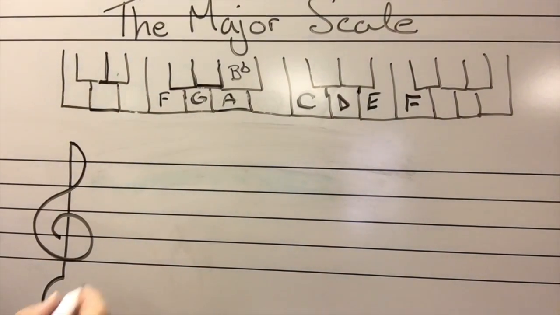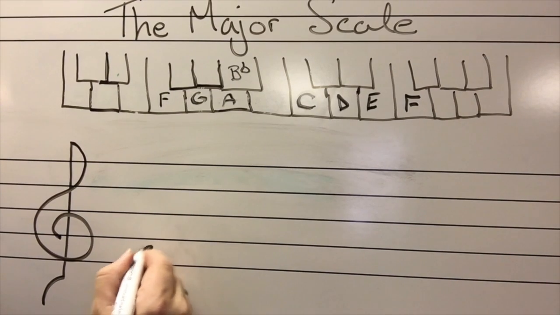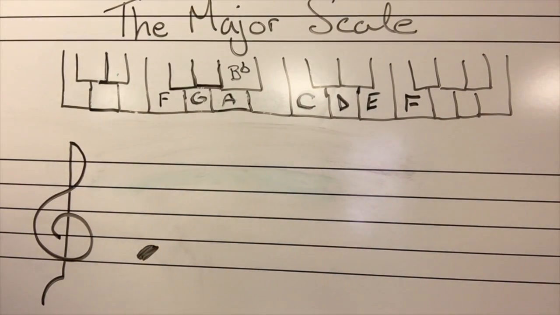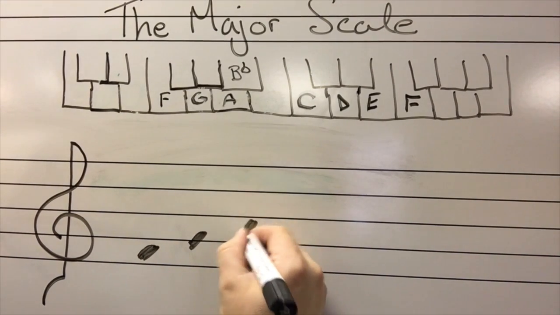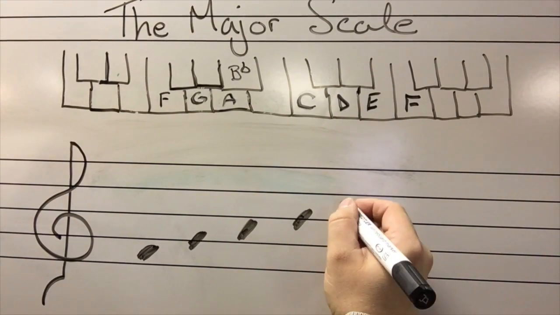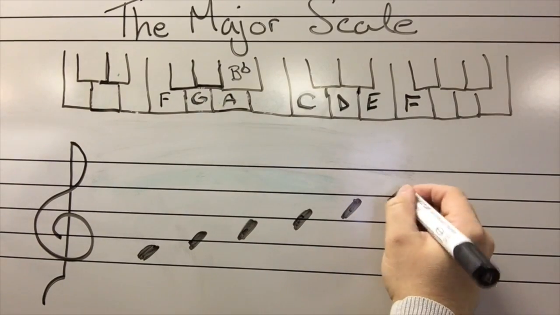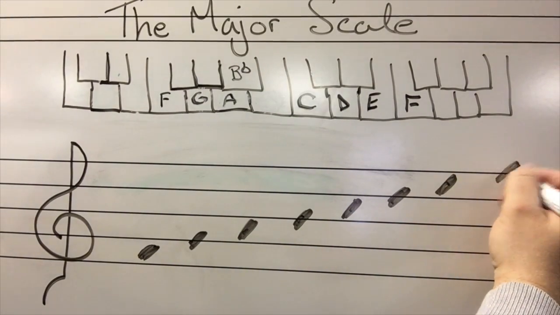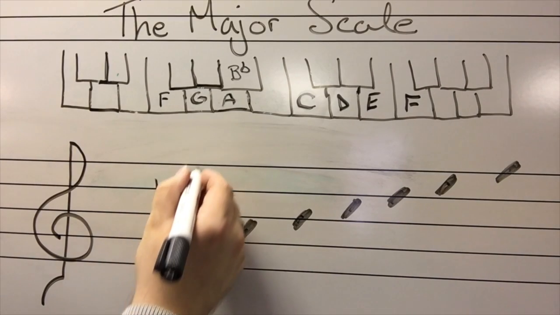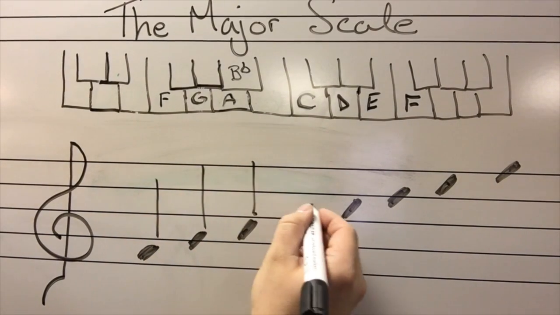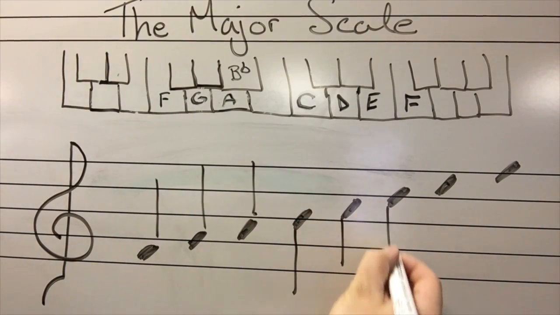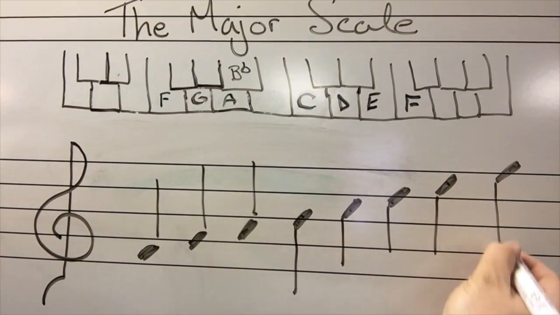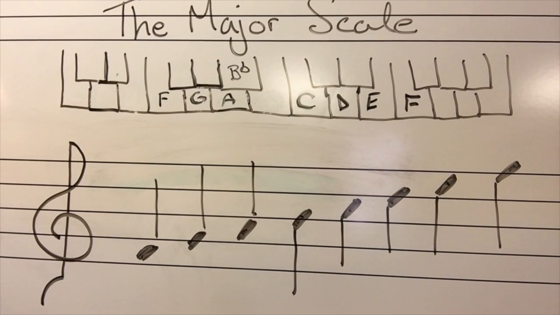Our first note in the scale is F, G, A, E, F. Remember, when we cross the B line, our stems go down. This is the easy part.